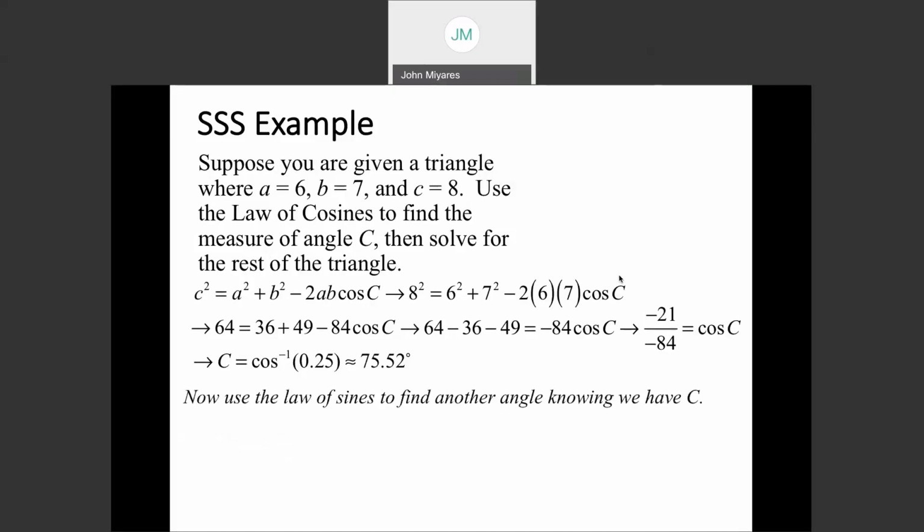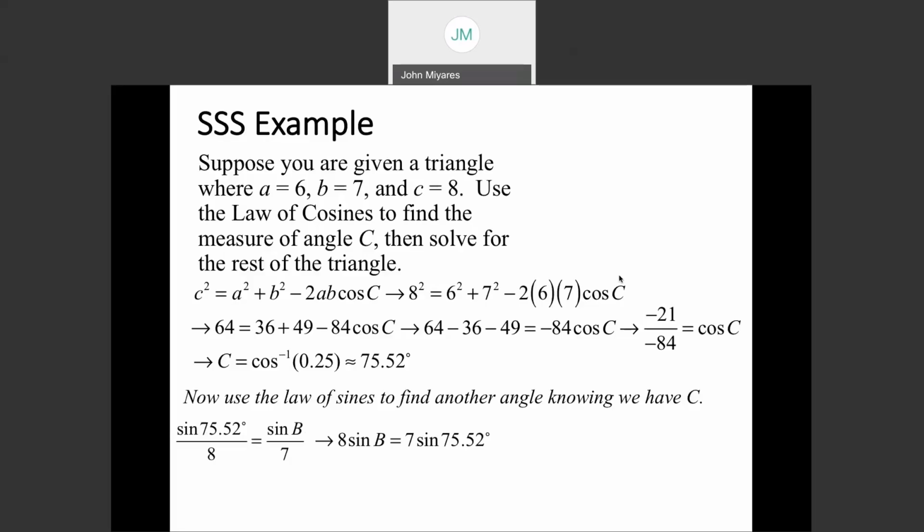Now we'll use the law of sines to find another angle, knowing that we have angle C. Let's say we try to find angle B this time. We can say that the sine of angle C over the length of side C equals the sine of angle B over length of side B. When we cross multiply, we can set the cross products equal to each other.